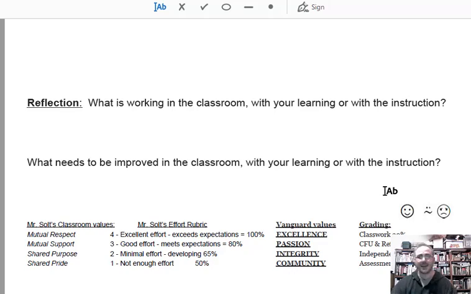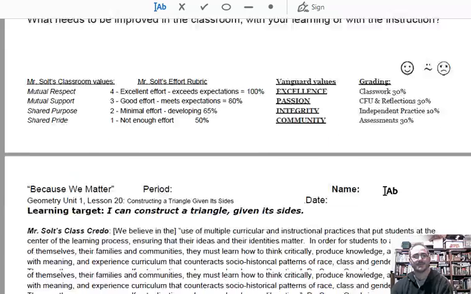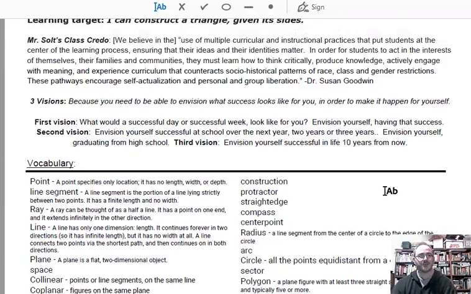It's your chance to complain and also celebrate, right? You can celebrate what's going right, and you can complain about what's not. And then I read all those every day, and I make some instructional decisions based on the reflections I see. Sometimes I'm told that I talk too fast. It happens. I do talk too fast. You're right. Then I need to be conscious to slow it down a bit when I get that kind of feedback.